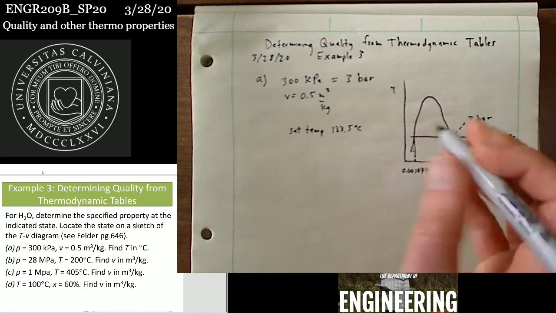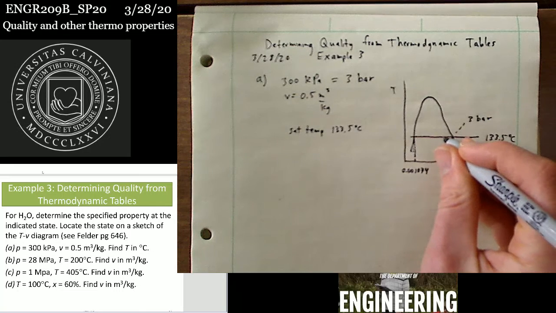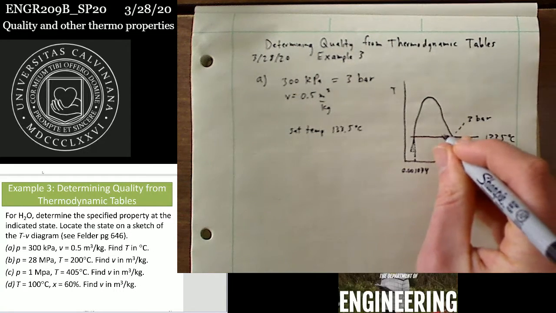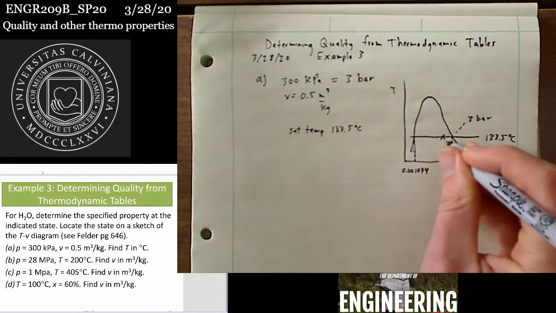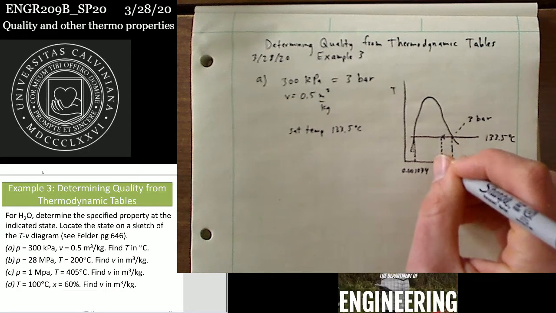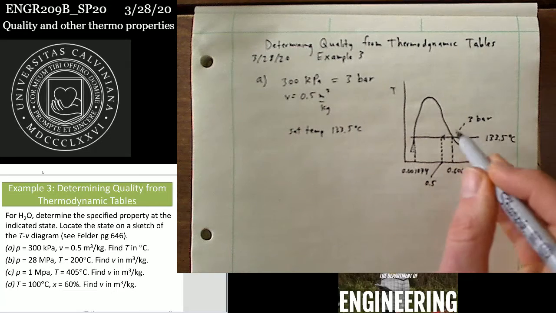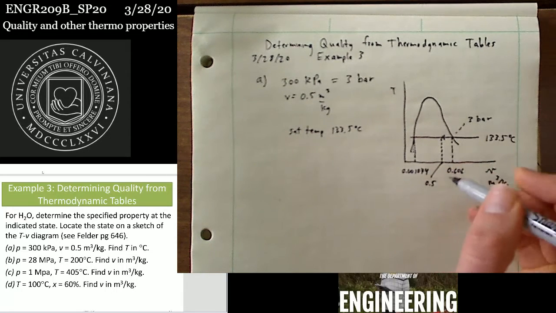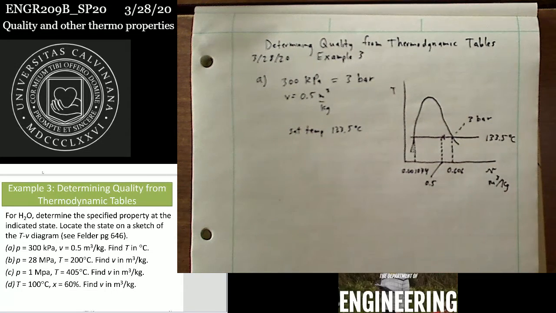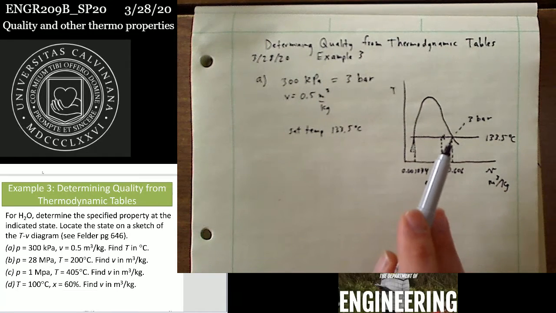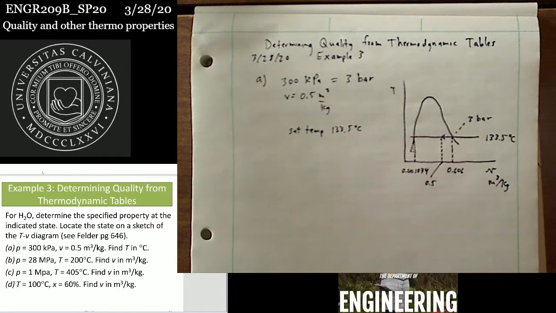And we know that 0.5 lies somewhere between those, so we can identify it's maybe up around here. This is 0.5, so that's where it lies on our thermodynamic phase diagram here. 0.5 meters cubed per kilogram. Now that's relatively straightforward, so we've identified it here and we found the temperature of interest.